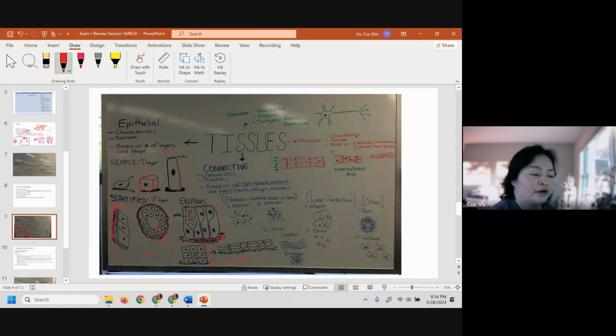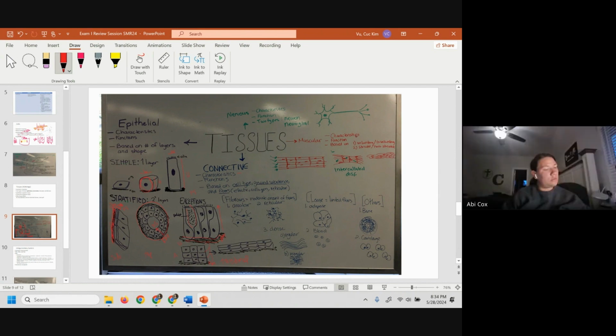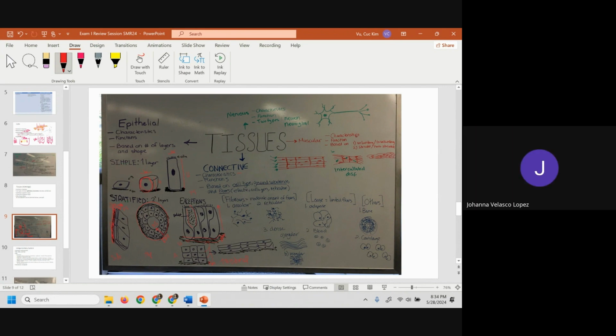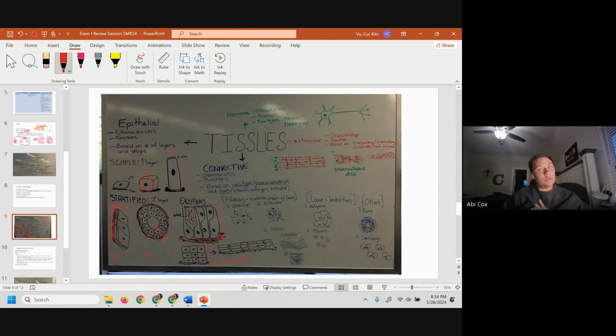Where do you oftentimes find areolar? I just know it binds the epithelial tissue to the skin. Well, the epithelium is oftentimes the skin. It surrounds blood vessels and nerves.